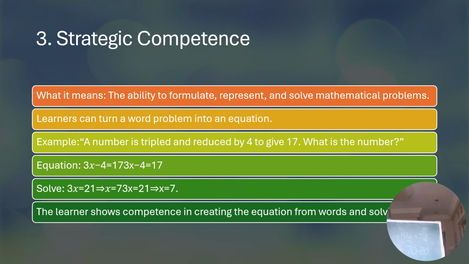Then we say 10x divided by 10 equals 50 divided by 10, so x equals 5. So the driver is driving 5 kilometers, for which he has to pay 50 rand, right? That's how we use them in real life situations.